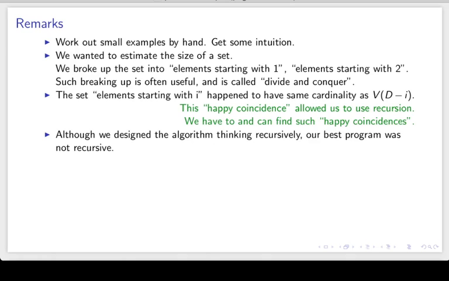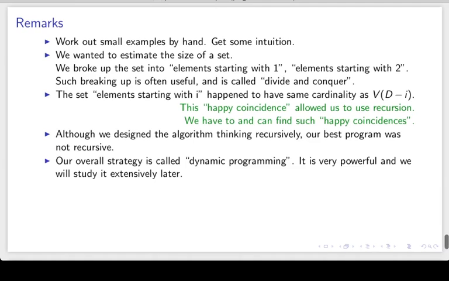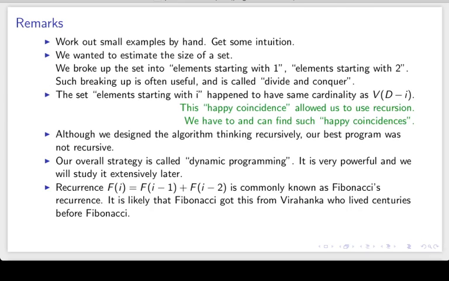One more point has to be made, that although we designed the algorithm thinking recursively, our best program was not recursive, it was iterative. So this is also something that we have to keep in mind. Our overall strategy is called dynamic programming, and it is a very powerful strategy, and we will study it extensively later on in the course. This recurrence, f i equal to f i minus 1 plus f i minus 2, is Fibonacci's recurrence.